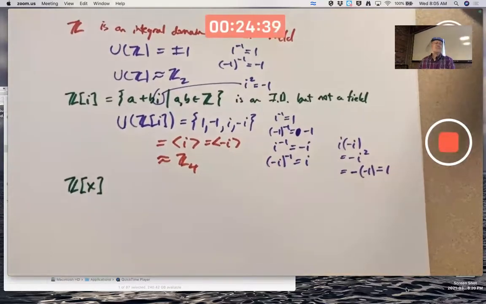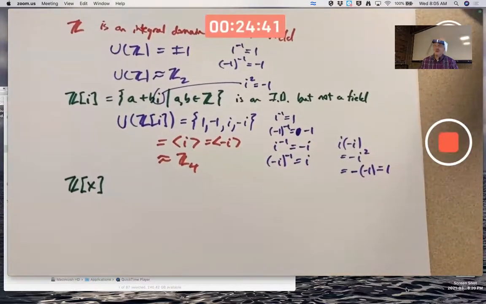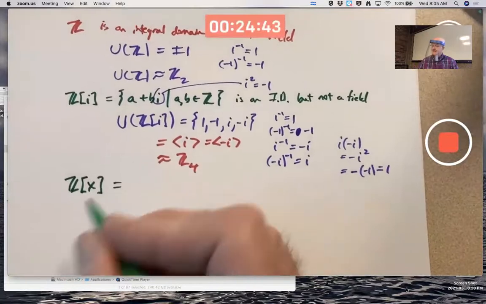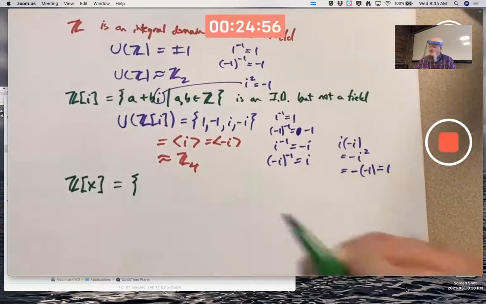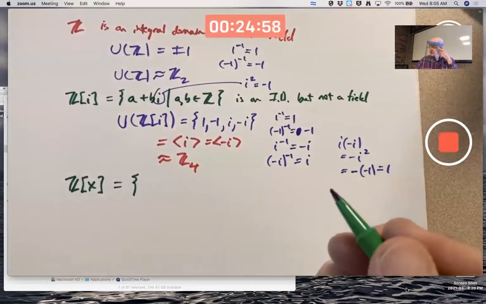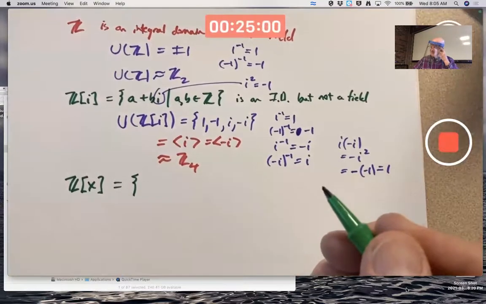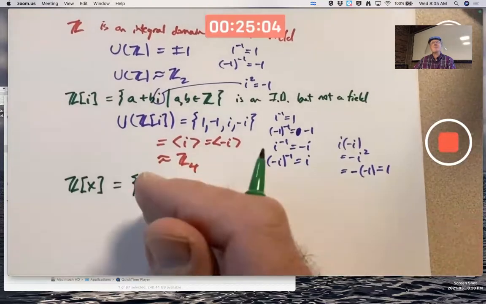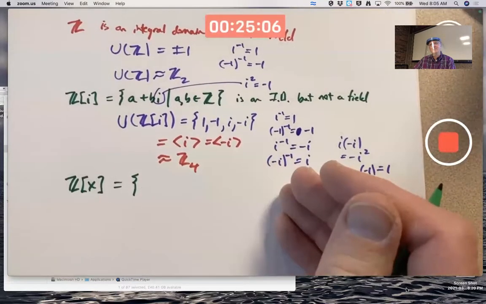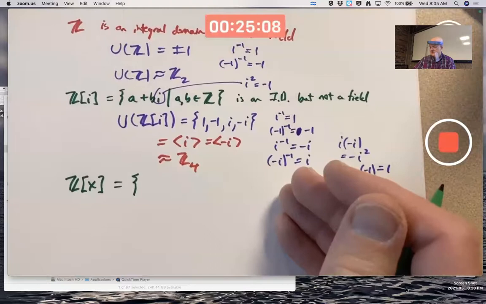Z[x] is the ring of all polynomials whose coefficients are in Z. As a set, you could write it like this. It is actually somewhat traditional to write the polynomials where the powers go in ascending order here, but you don't have to.